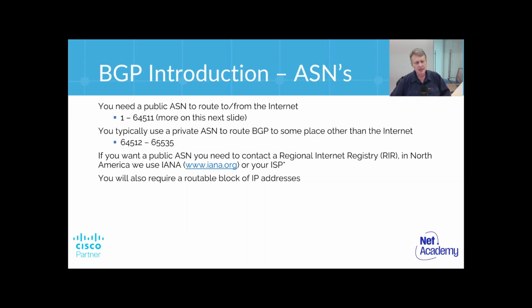I wouldn't say I see it commonly, but I've seen it a couple of times where you actually use a private ASN, you connect to an ISP, and then you get a very small routable block and they aggregate it up for you. When I talk about a routable block of IP addresses, I'm talking at least a /24 in IPv4 space. Granted, with IPv6, a lot of this goes out the window.